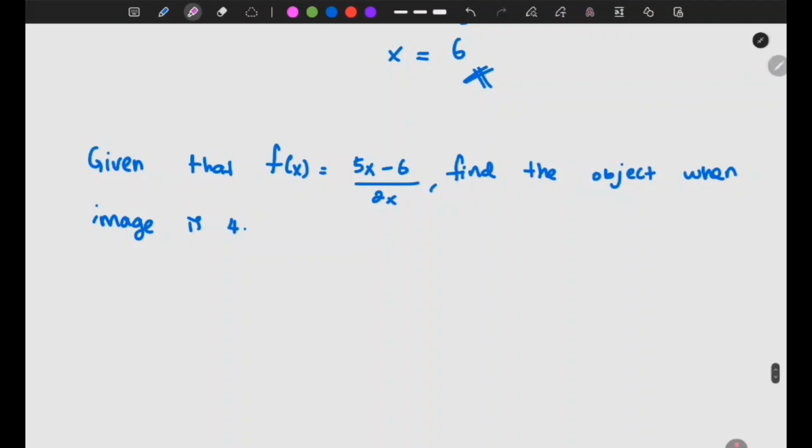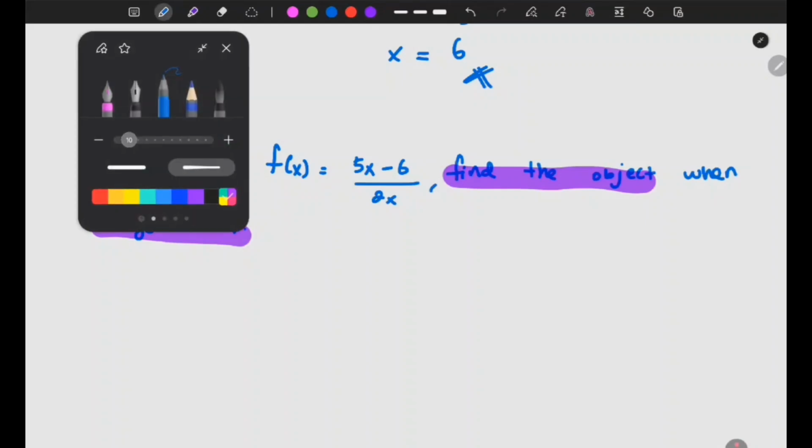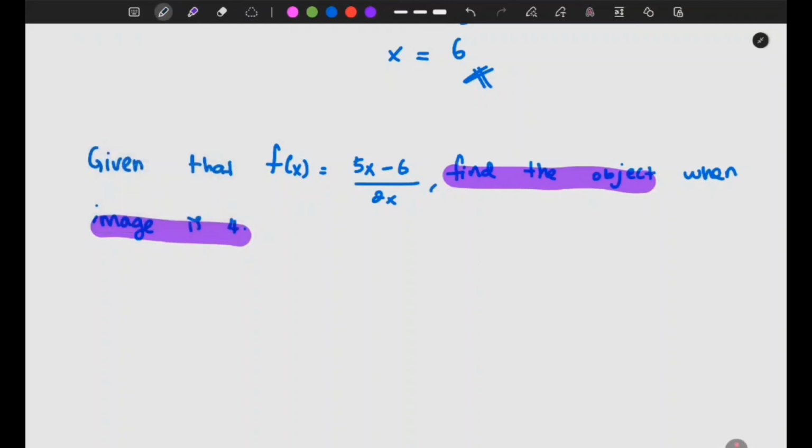So this time they say find the object. It's the same thing, and they say the image is 4. So they say your f(x) is 4, isn't it? Image represents f(x).